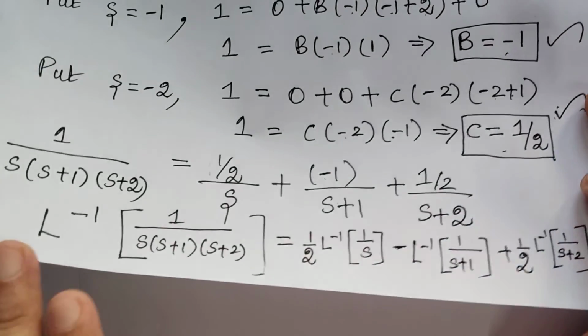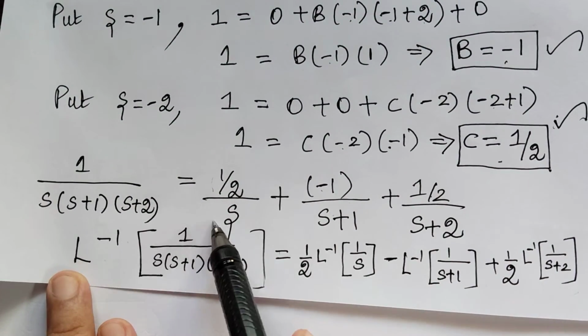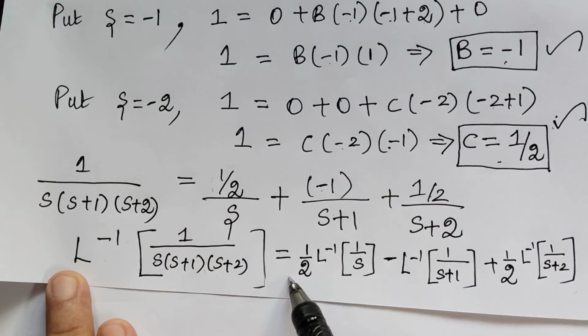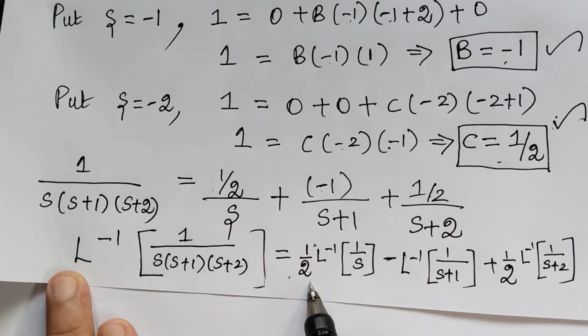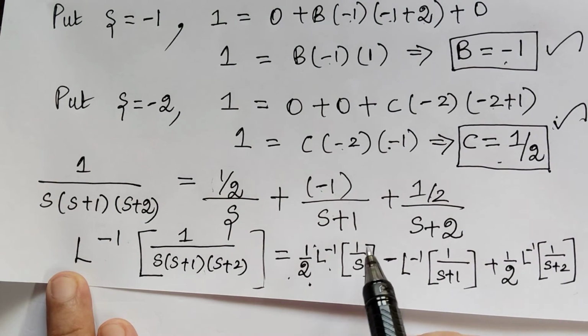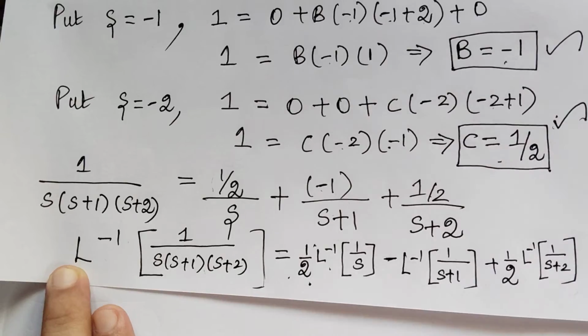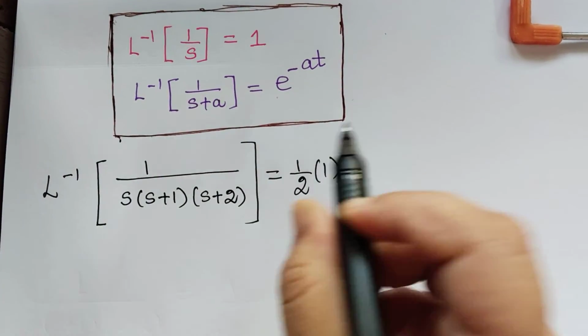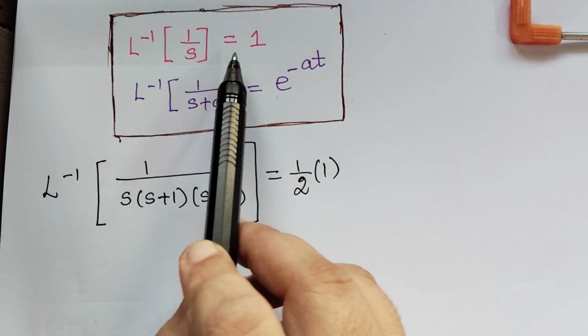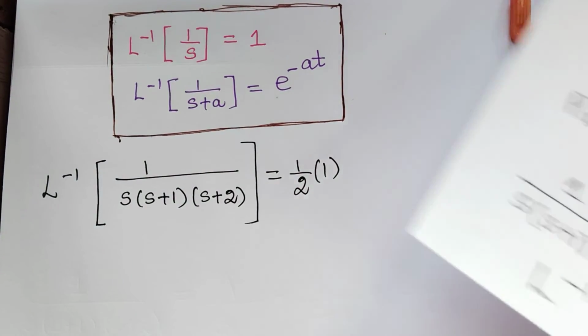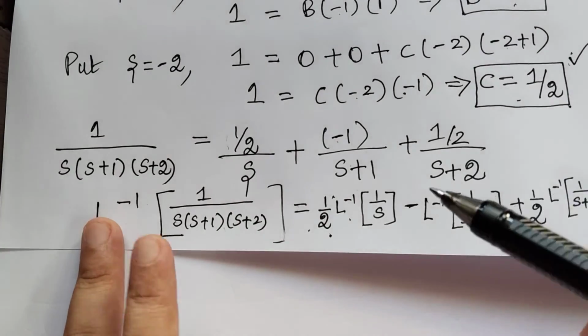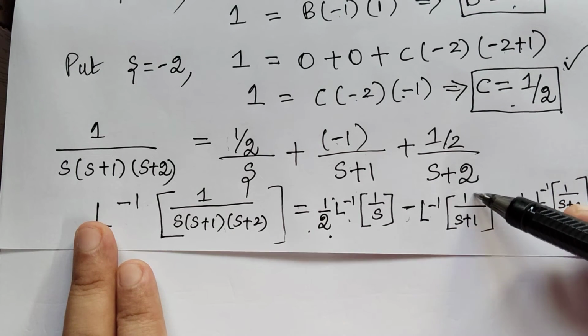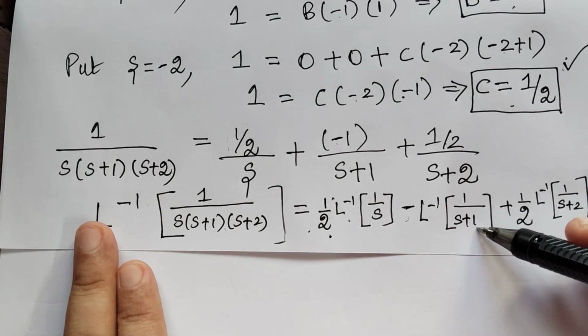What is the first one? The inverse Laplace transform of the given question is equal to, first is 1 by 2 inverse Laplace transform of 1 by s. So it will be 1 by 2 multiplied with 1, because the inverse Laplace transform of 1 by s is 1. And the second term we have minus inverse Laplace transform of 1 by s plus 1.